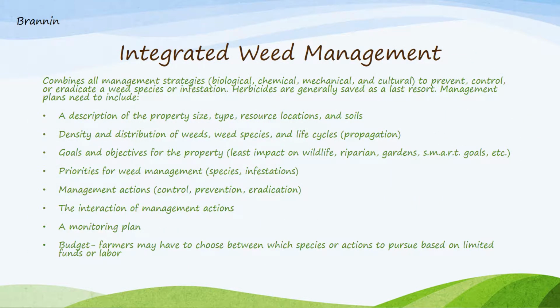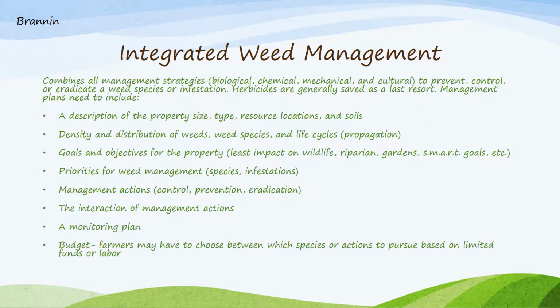Integrated weed management combines all management strategies, including biological, chemical, mechanical, and cultural, to prevent, control, or eradicate a weed species or infestation. Herbicides are generally saved as a last resort. Management plans need to include a description of the property size, type, resource locations, and soils, density and distribution of weeds, weed species, and life cycles, or the propagation of the weed.